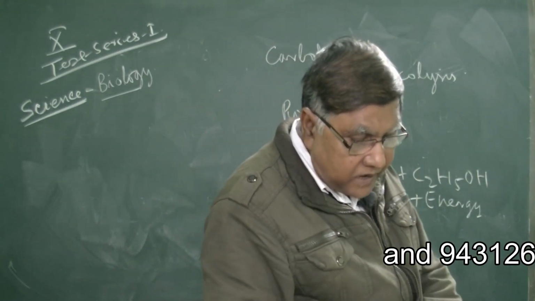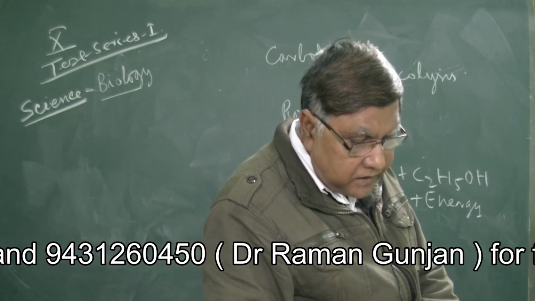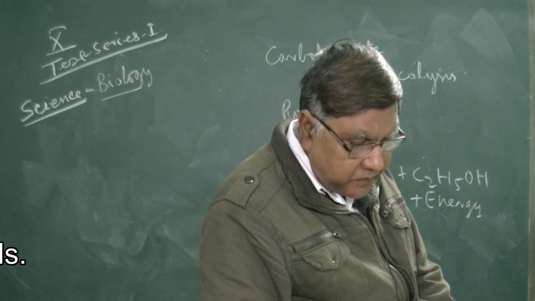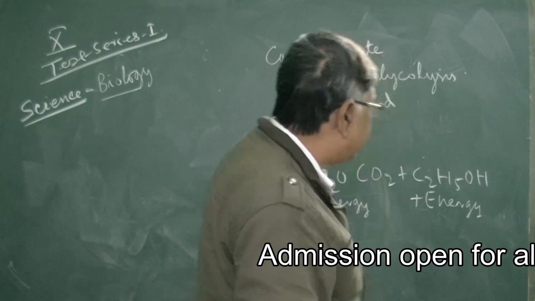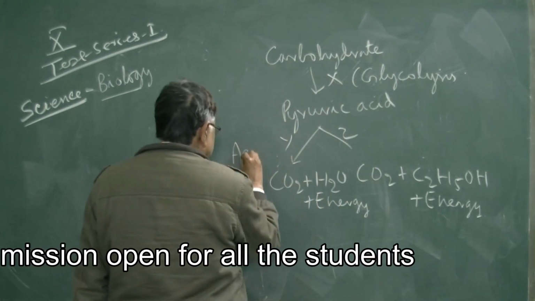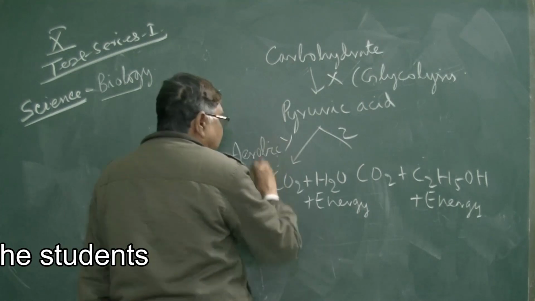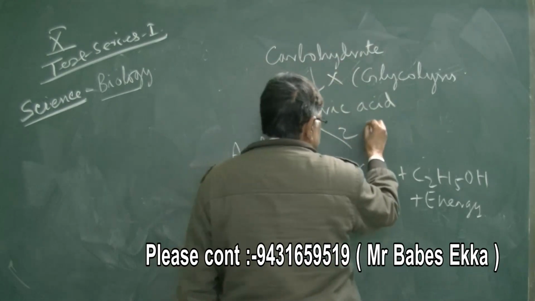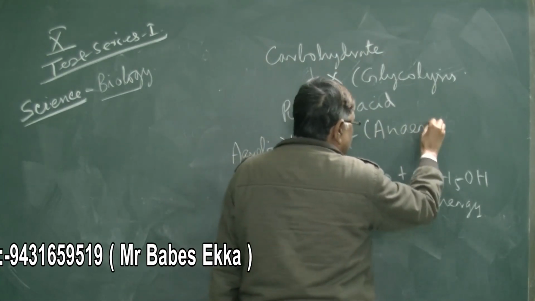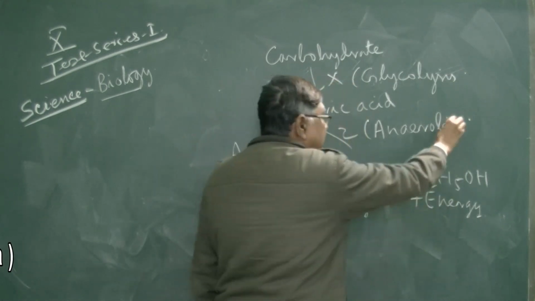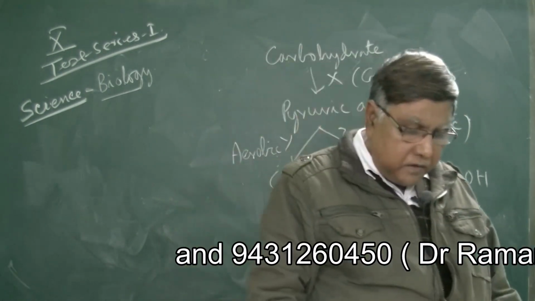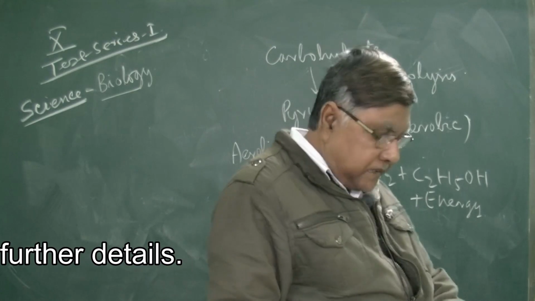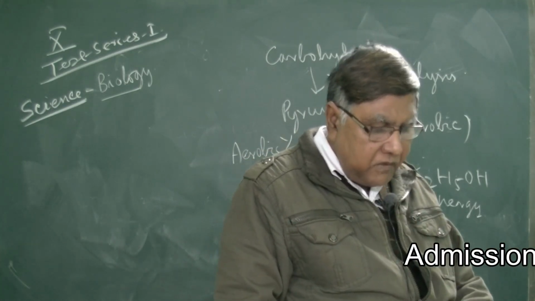Then Y, pyruvic acid to carbon dioxide and water, means complete oxidation, so Y is aerobic respiration. And Z is anaerobic respiration. So X is glycolysis, Y is aerobic and Z is anaerobic. Option 3 will be the answer.